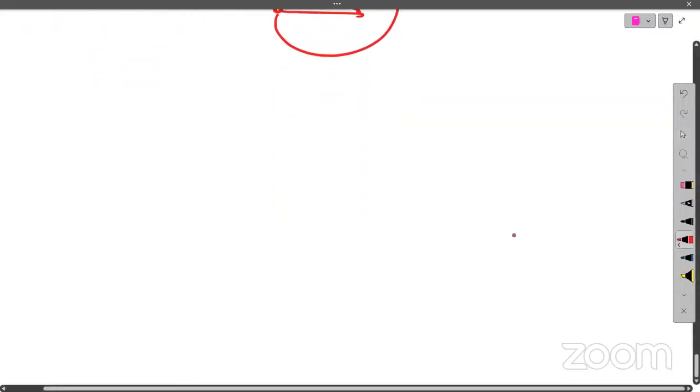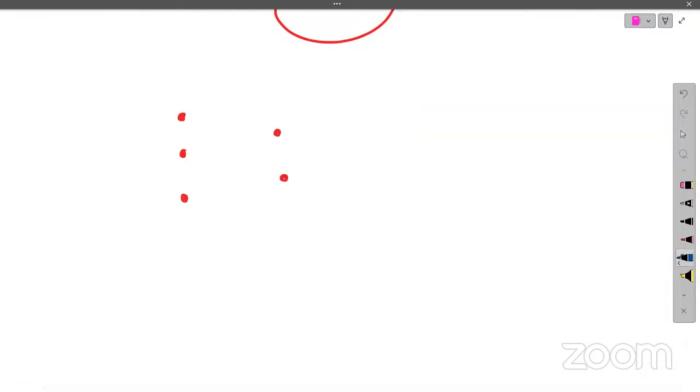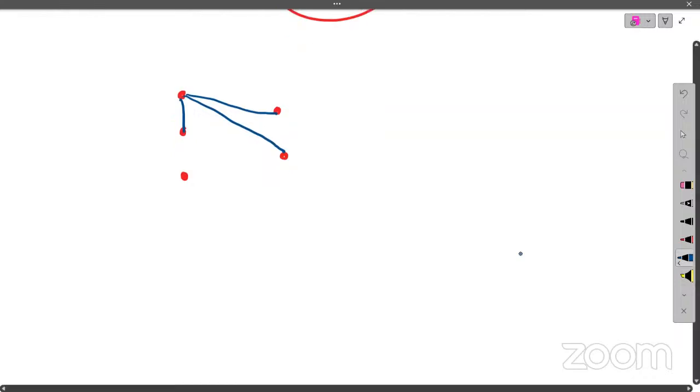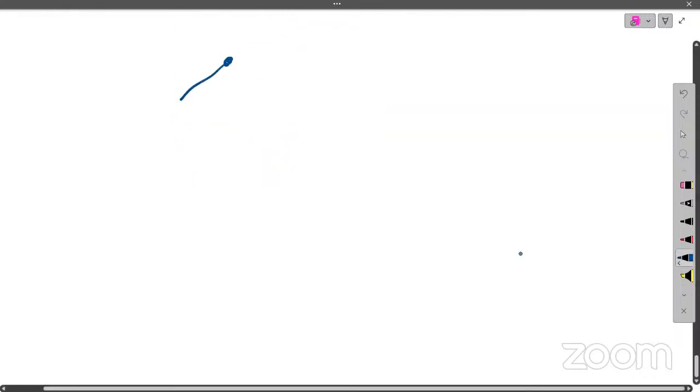Ma'am, could you give an example? Yes. So for example, we have 5 vertices here, and suppose these 5 vertices are connected to each other, every vertex connected to every other vertex. It will be a pentagon, I guess.